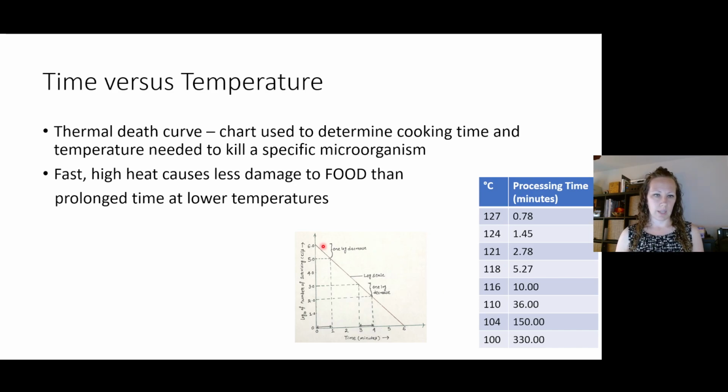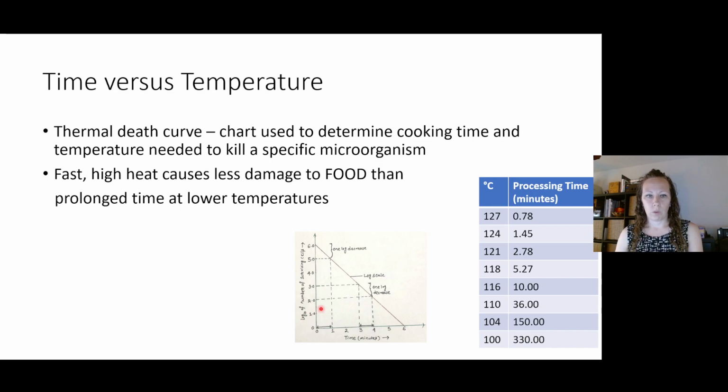This is an example of one of those graphs, and it tells you at one specific temperature. This is the x-axis, the time in minutes, and the y-axis is the number of surviving cells. Now, it's called a curve. Why isn't this curved? Well, this is in a log scale.